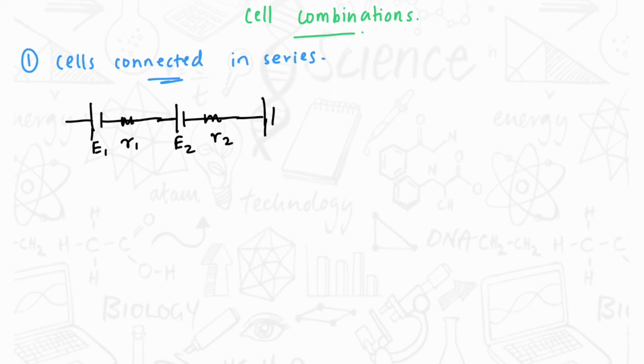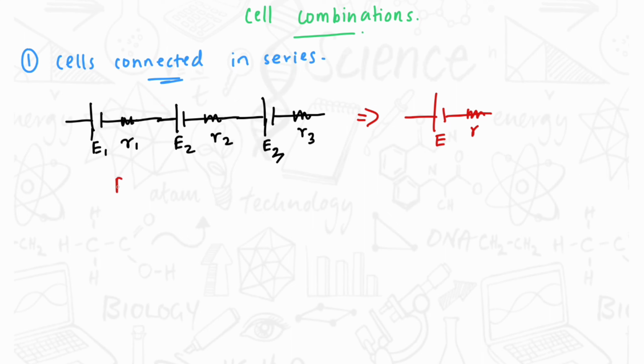And we have another cell with EMF value E3 and the internal resistance is R3. So if we replace all these cells using a single cell, let's say the EMF value is E and the internal resistance of that cell is simply R.